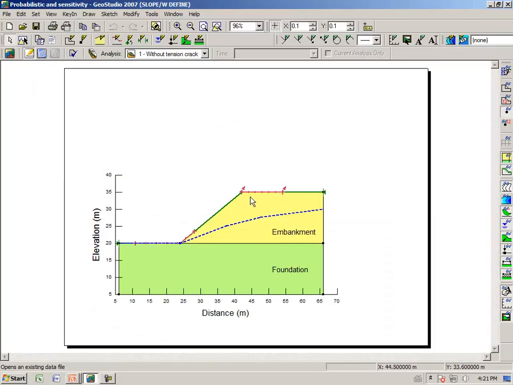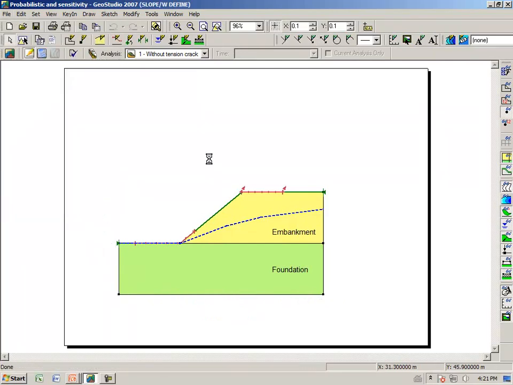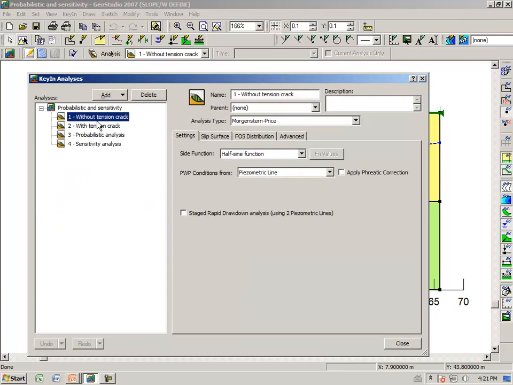If we go to GeoStudio then and open up the file Probabilistic and Sensitivity. To start with, under the Key in Analyses dialog box, I want to look at analysis 3 and 4.